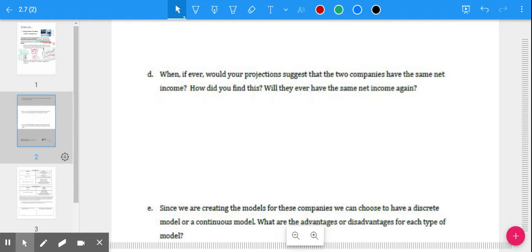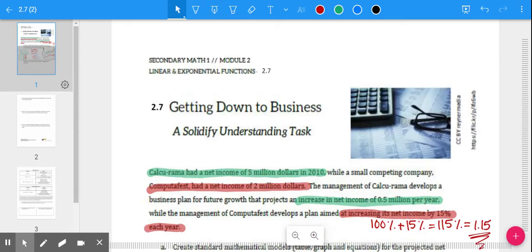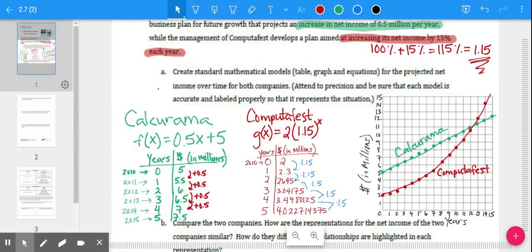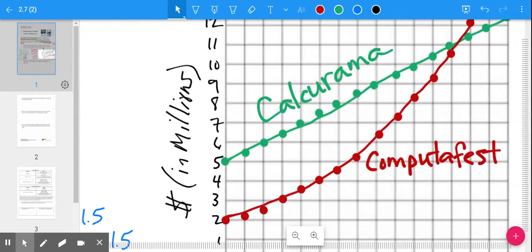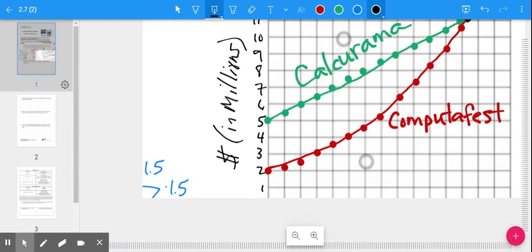And it says, when, if ever, would your projections suggest that the two companies have the same net income? So if we're looking at when they have the same, we're coming back to our graph and we're answering, when are they equal? Well, that's going to be somewhere in this area right here because that's where they intersect. So this is answering the question when.